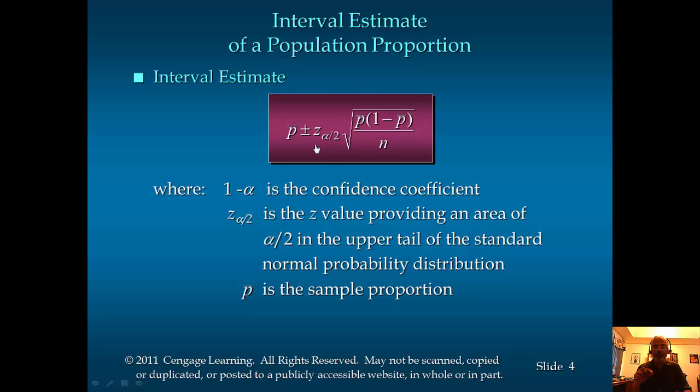In Excel, we will use the NORM.S.INV function to get the z value, and then p bar times 1 minus p bar over n under square root. So that's your standard error. This part is now the margin of error. The z table value times the standard error gives you the margin of error, and p bar is your point estimate. So minus margin of error gives you the lower limit, plus margin of error will give you the upper limit. So that will give you the confidence interval for population proportion.